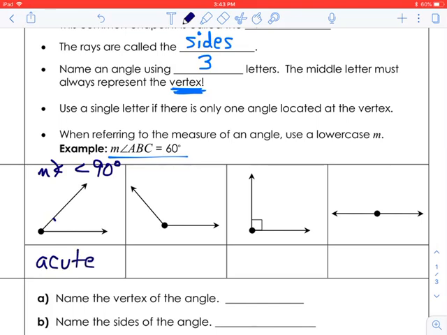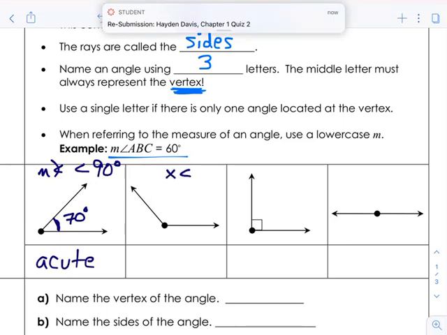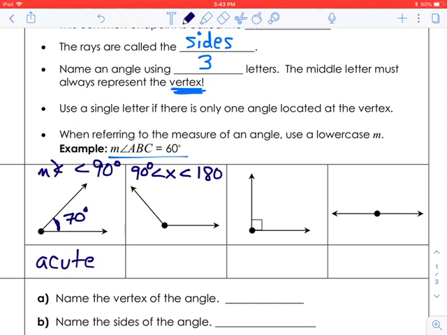Something like, let's say, about 70 degrees. If it's greater than 90 but less than 180, so it's between 90 degrees and 180 degrees, that would be obtuse.